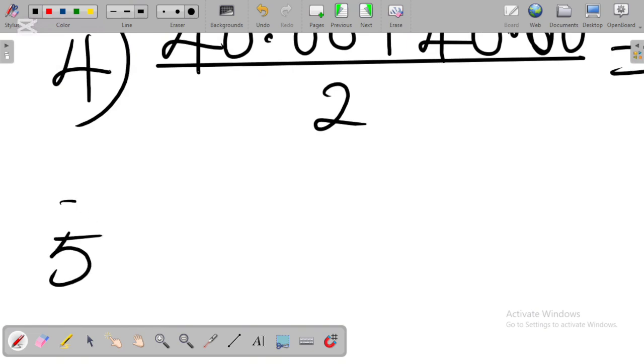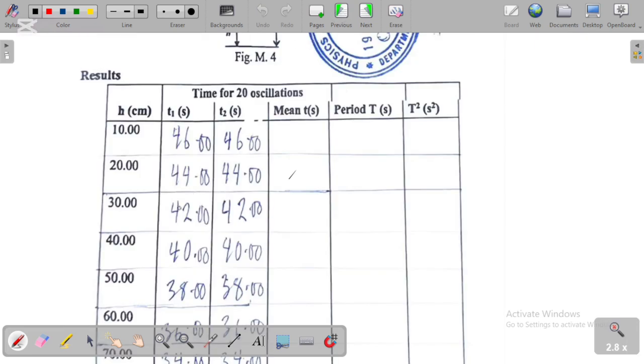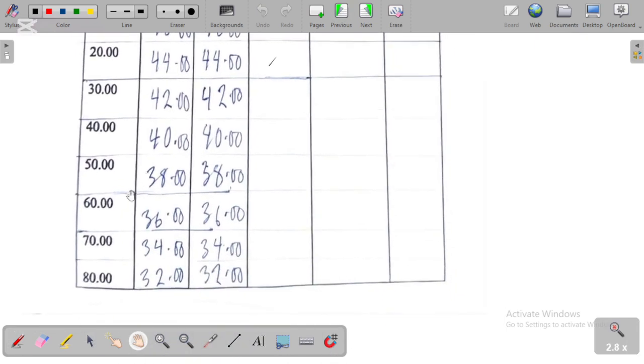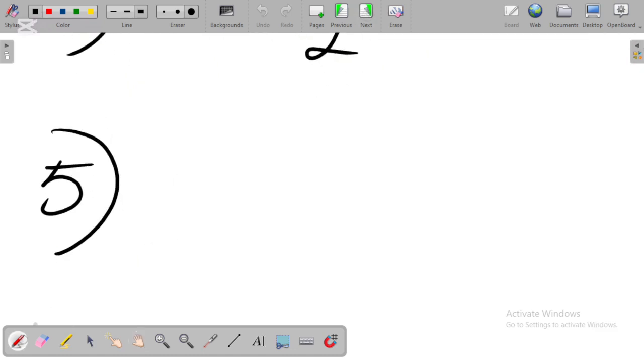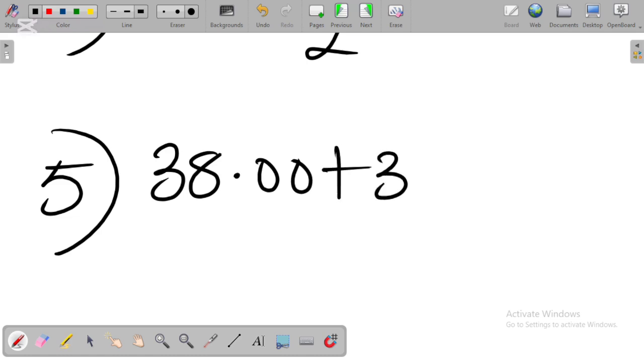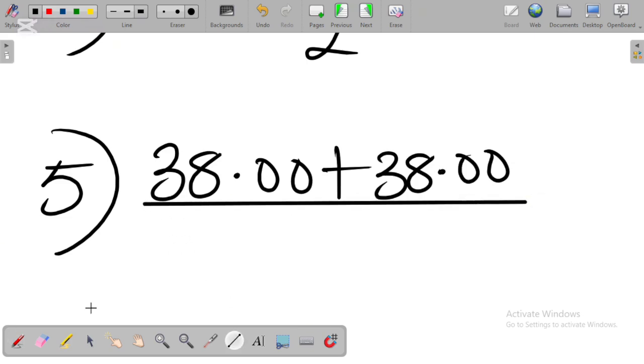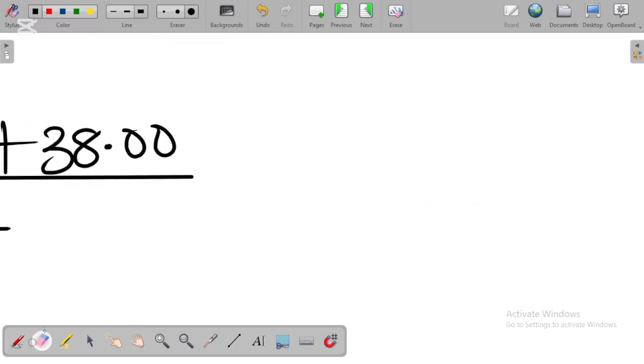Alright, let's consider the fifth one. The fifth one here is 38.00 and 38.00. So we have 38.00 plus 38.00, all divided by 2. So if you punch your calculator, it would give you 38.00.